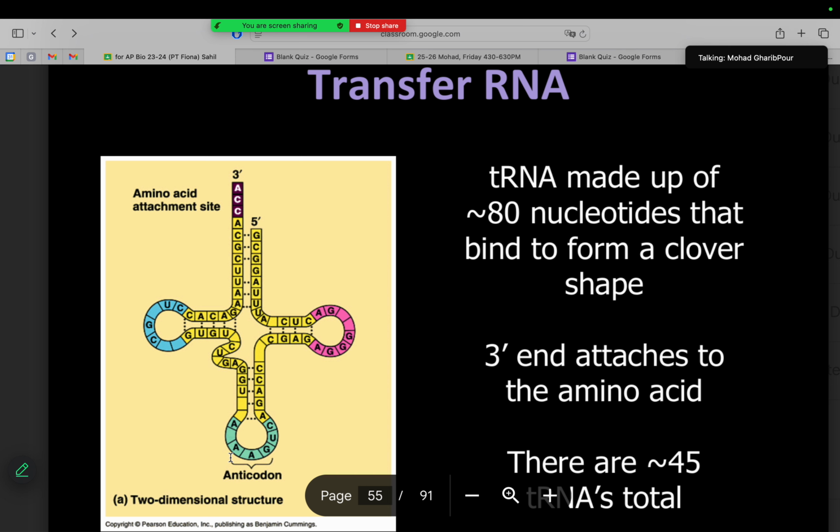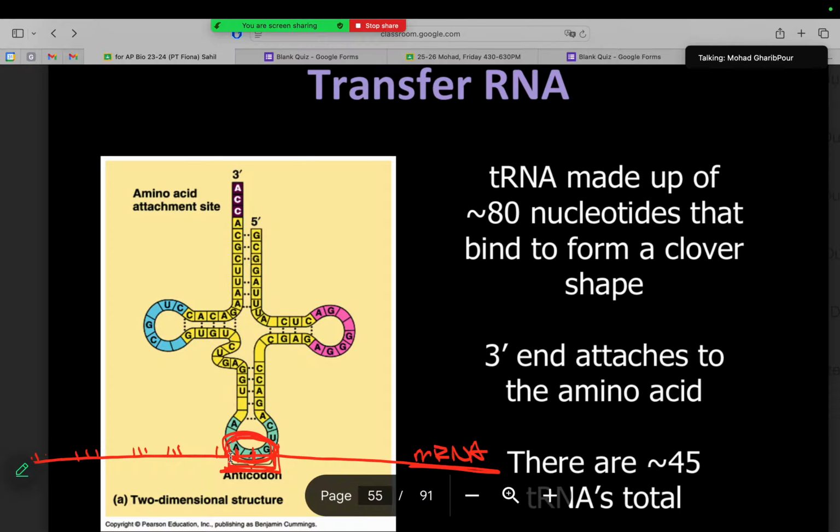comes, let me draw this again, which comes and pairs with my mRNA, which has these codons on it in groups of three. So this codon on my mRNA is going to pair with the anticodon on the tRNA.